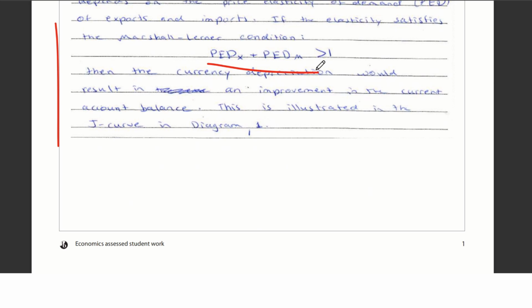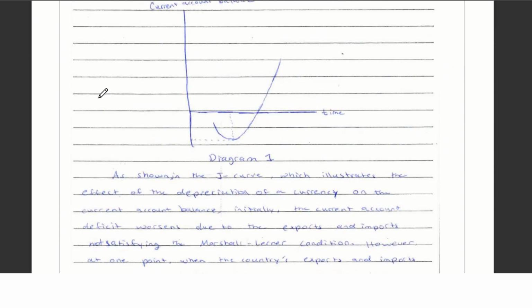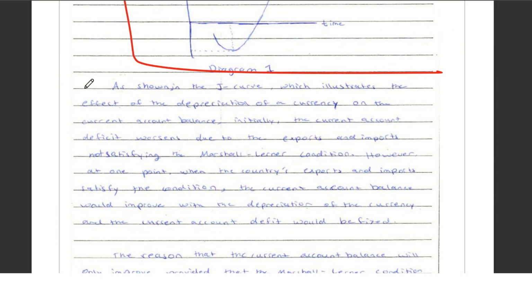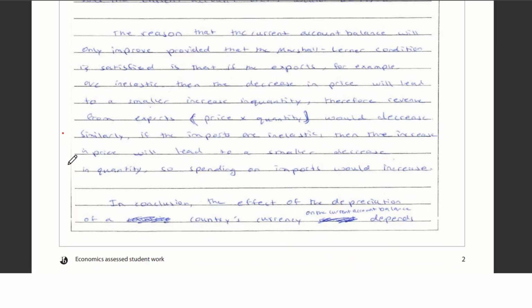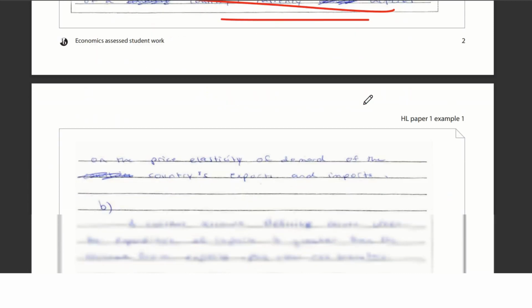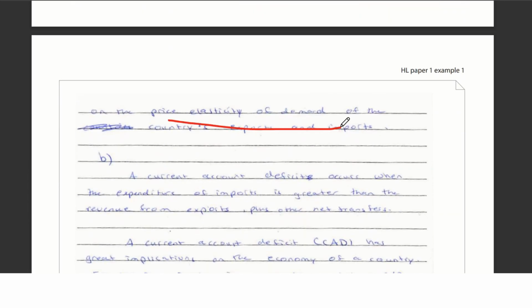This is the Marshall-Lerner condition, he used that also, and the J curve he has drawn, that's good, and he explained the diagram also. Finally he concluded that the effect of depreciation of a country's currency depends on the price elasticity of demand for the country's exports and imports.